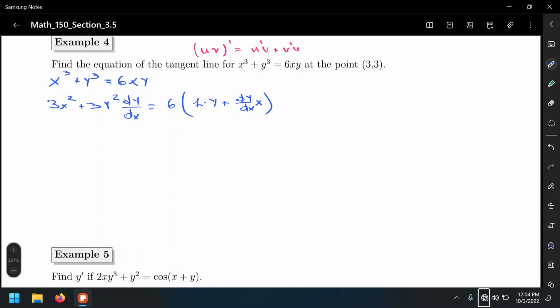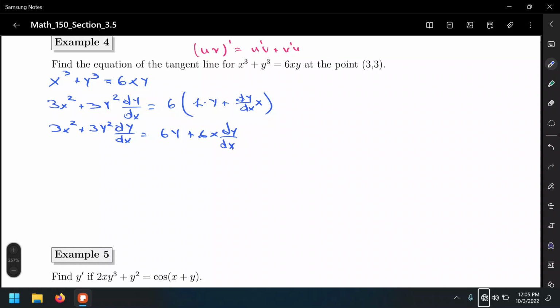Let's use algebra to solve this equation for dy dx. That's going to give us the derivative. So 3x squared plus 3y squared dy dx equals 6y plus 6x dy dx.